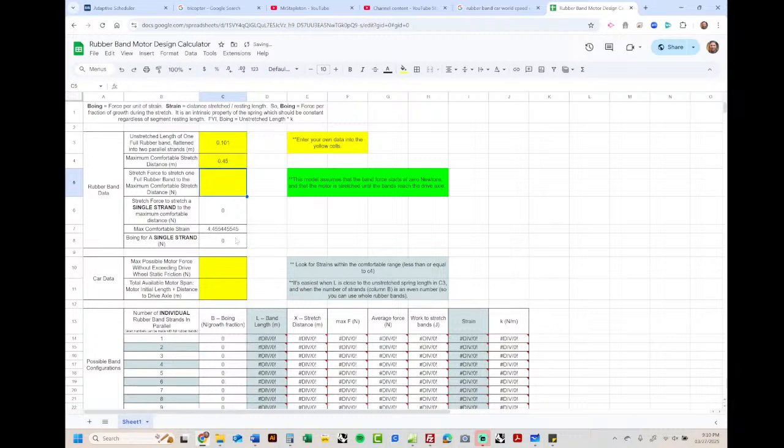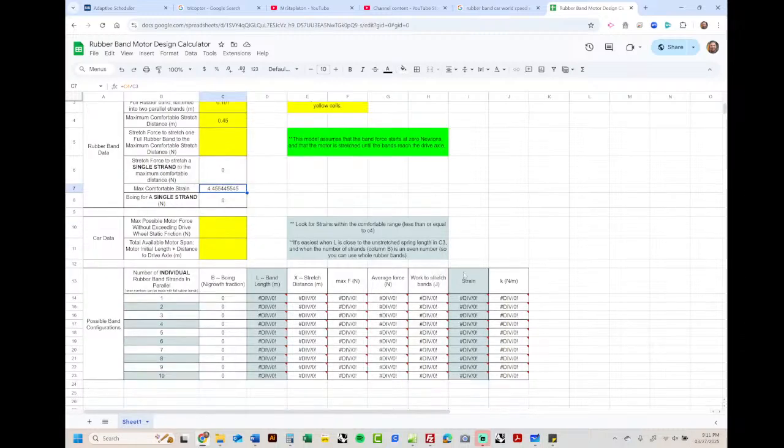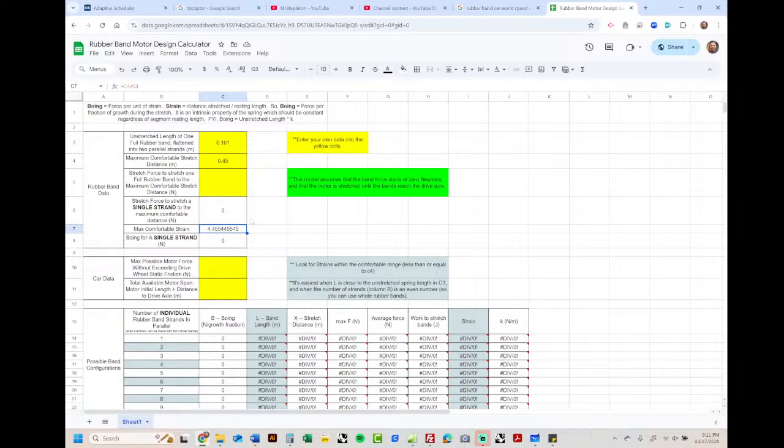And as soon as I do that, you'll see max comfortable strain pops up. So if you decided that's a good amount of strain to put on your rubber band, when you're consulting this table down here, look at the strains. Don't pick some that are way higher than that, because again, you've already made the decision that that's a stupid thing to do. You can use strains that are less than that, but you probably won't get as much energy out of this whole thing.